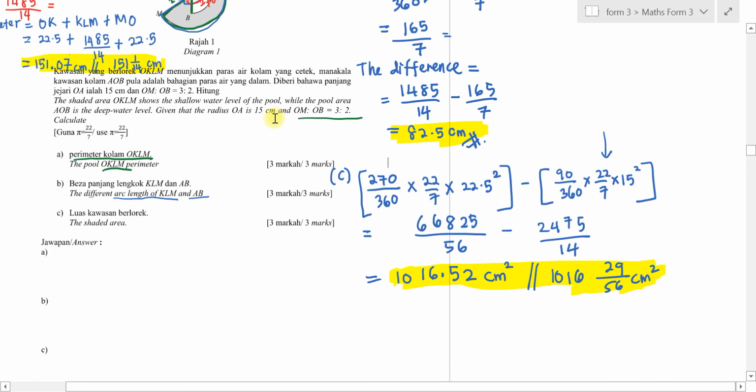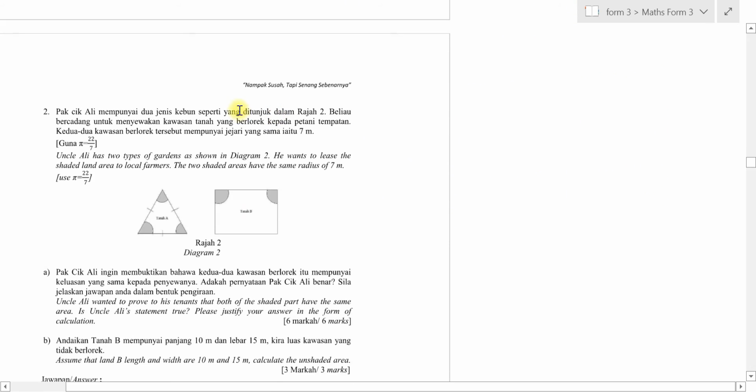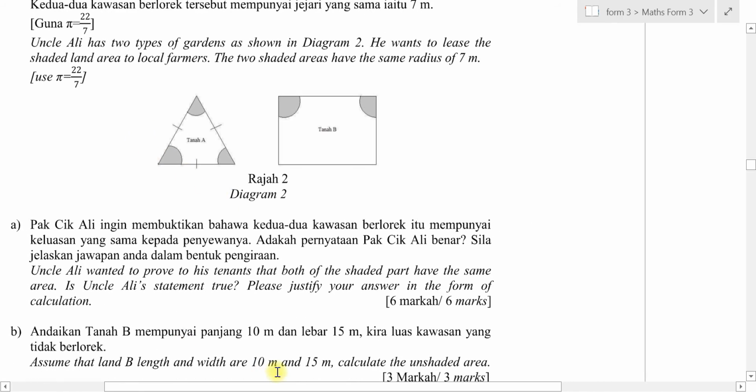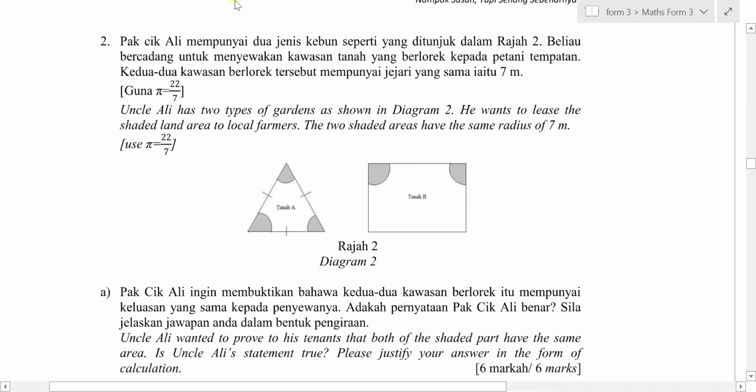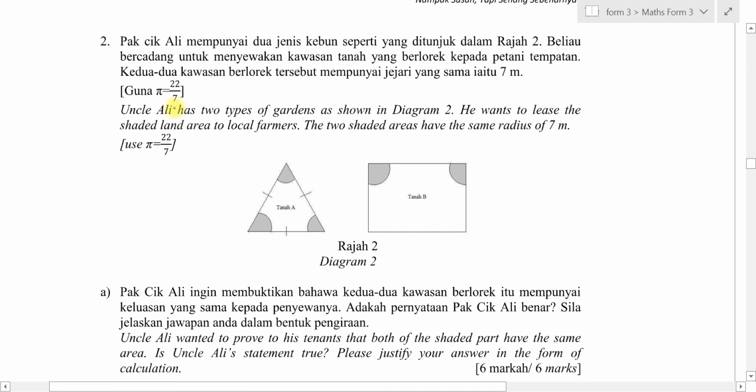Now we move on to question number 2. Question number 2 is also another problem solving, guys. Be serious. This type of question very important to be trained. Now you see, Uncle Ali has two type of garden as shown in diagram 2.